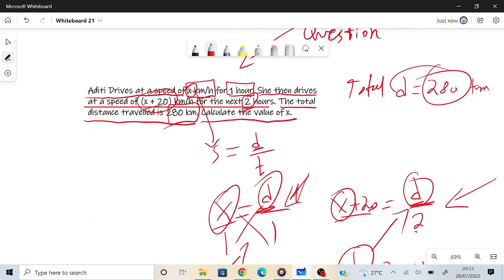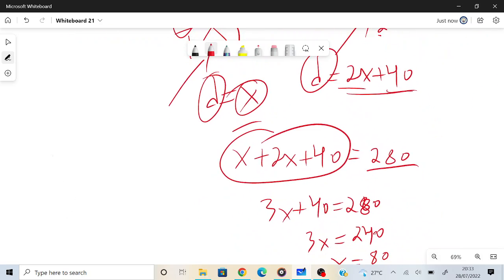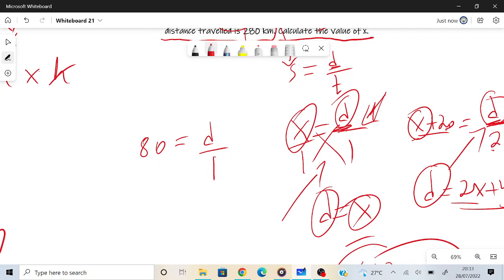Let's confirm that in both of the formulas. If x is 80, the first formula I made should be 80 equals d over 1, and solving for d, d is 80.